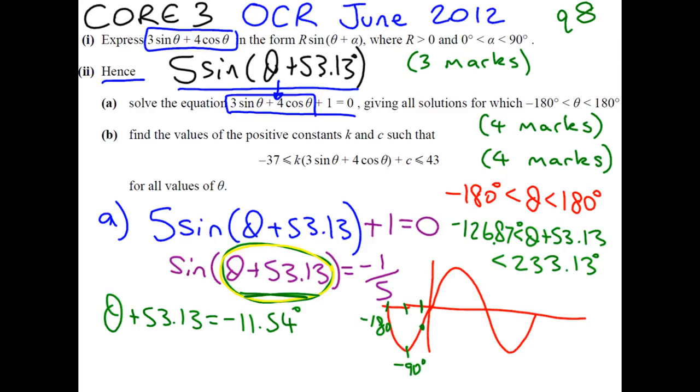The answers that we want are hence going to be the one that we've just labelled and this one and possibly this one. We would also need to check this. Now using the graph, if this is minus 11.54, this angle is going to be minus 168.46, which is not in our range, so we don't use.